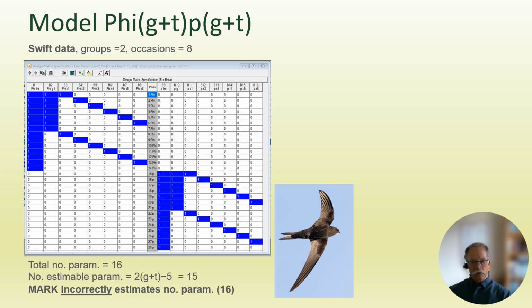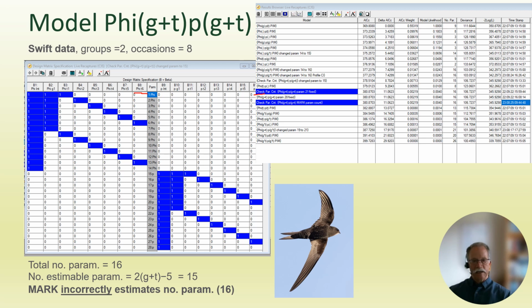Now there's a potential for 8 parameters to be estimated for phi, 8 for p. You put those 2 together, that gives you 16, but for the last time interval, phi and p are confounded, but you only have 1 pair of parameters that are confounded rather than 2 as in the last model. And so you'll only decrease your parameter estimate by 1 in this case.